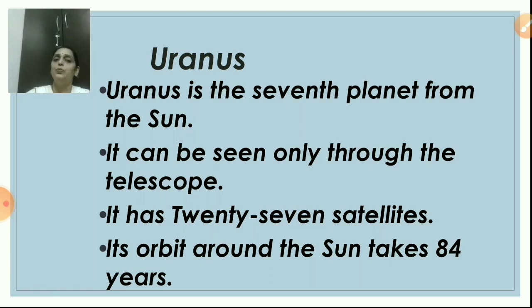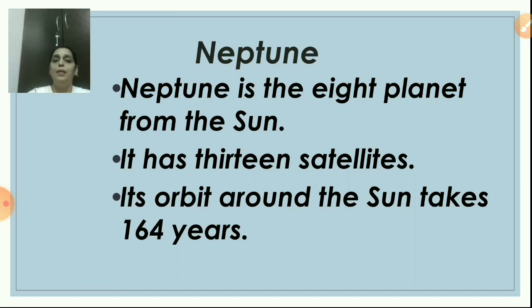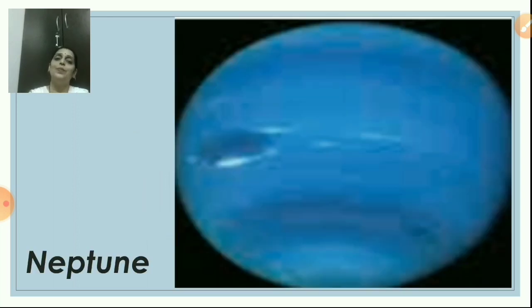It has 27 satellites, means 27 moons. Its orbit around the Sun takes 84 years. See, this is a picture of Uranus. Neptune. Neptune is the eighth planet from the Sun. It has 13 satellites. Its orbit around the Sun takes 164 years. This is the picture of Neptune.